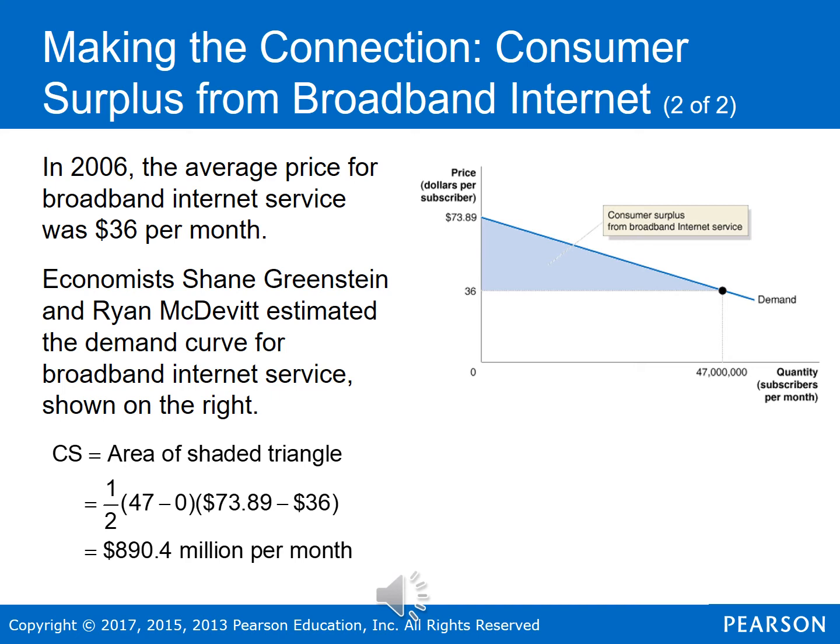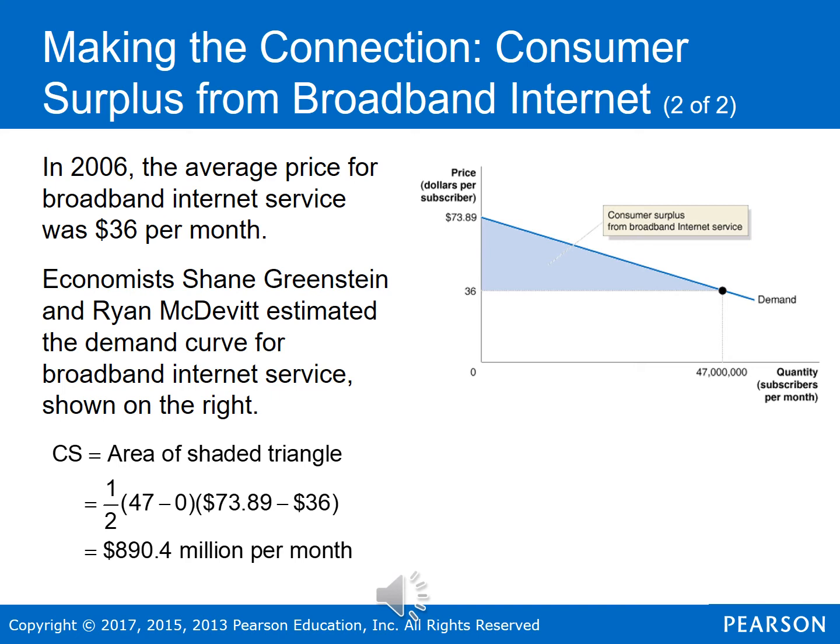So the maximum that any consumer is willing to pay was $73.89. The average price they were paying was $36 per month. And at that price, there were 47 million subscribers that were willing to purchase broadband internet service. So in order to find the consumer surplus, they just took the area of that triangle between the demand curve and the price they actually paid.